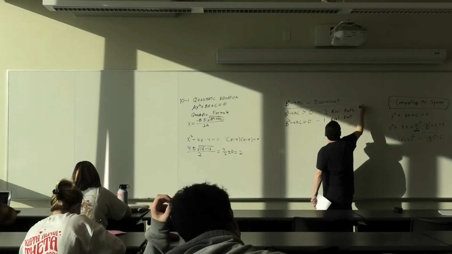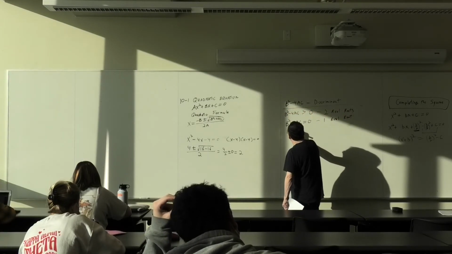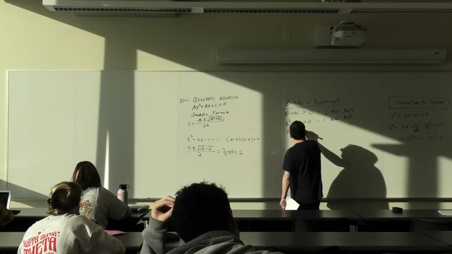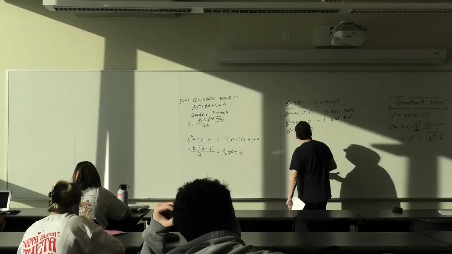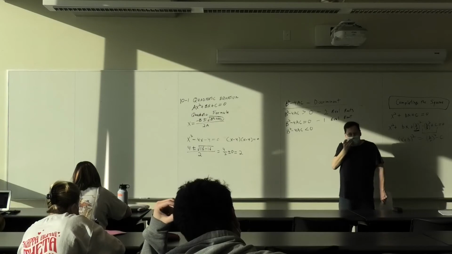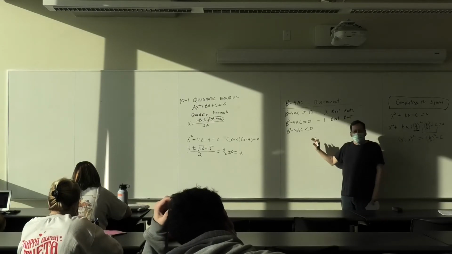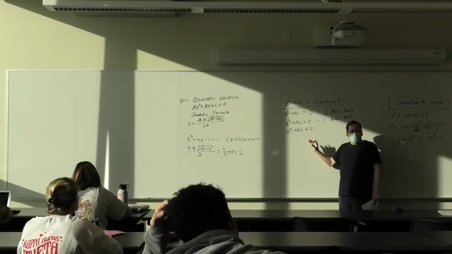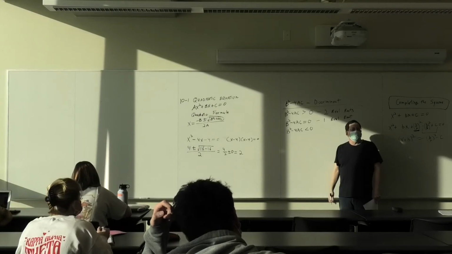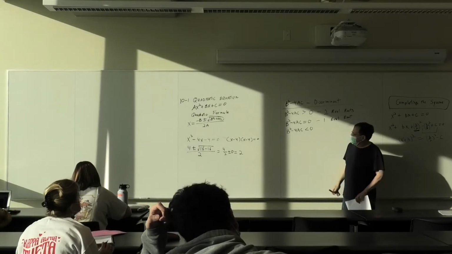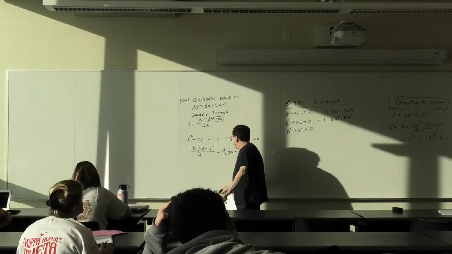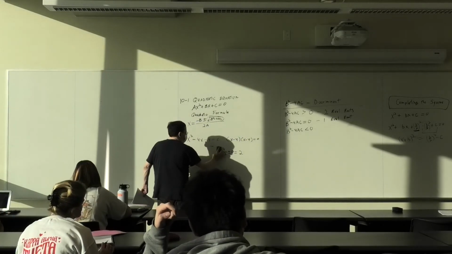Thinking about it, of course, there's going to be a third case. This third case is the whole reason on Tuesday we spent all that time talking about imaginary complex numbers. Let's try an example here.